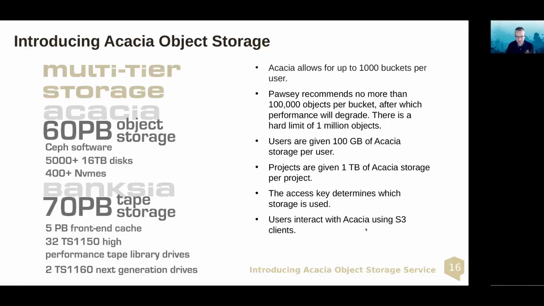Users interact with Acacia using the Amazon S3 protocol. That means tools that have been developed for use with AWS S3 can also work with Acacia. The tools we're going to teach today are the MinIO client and the Rclone client.